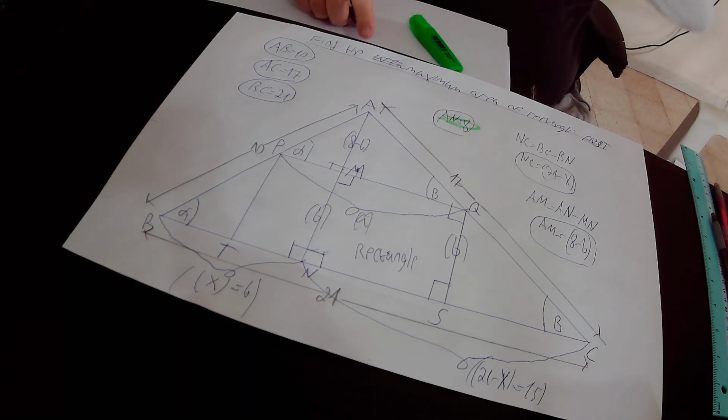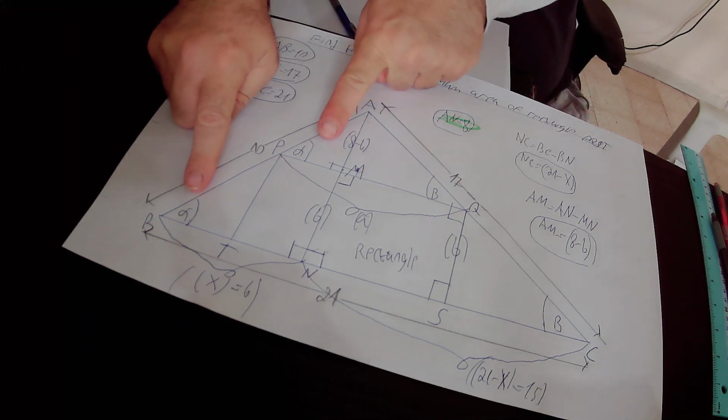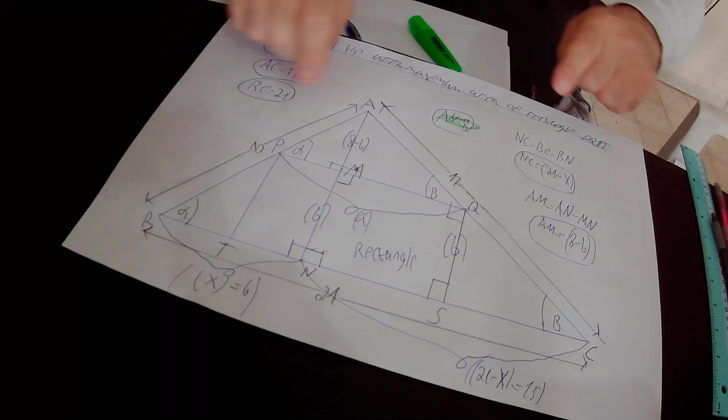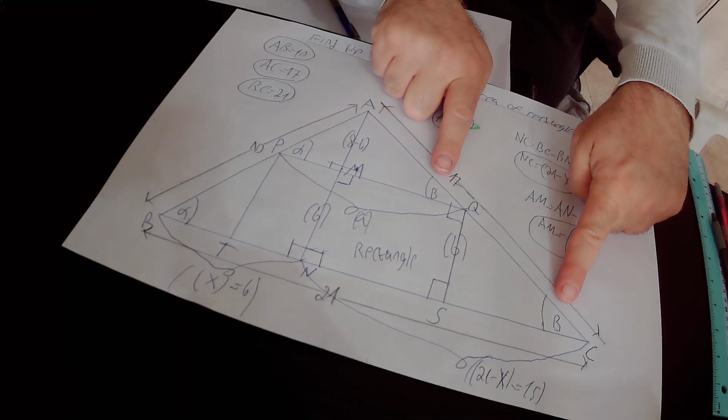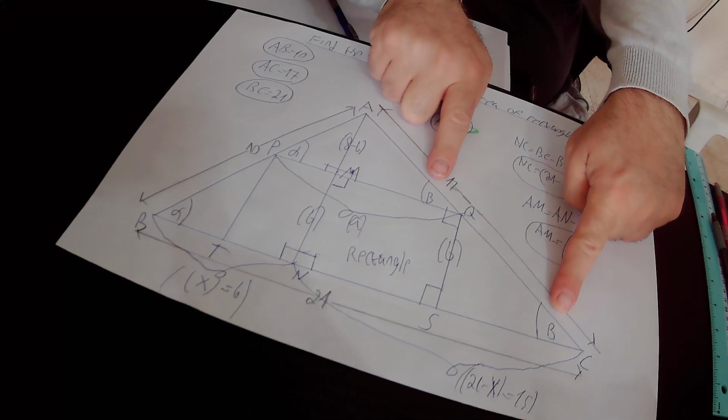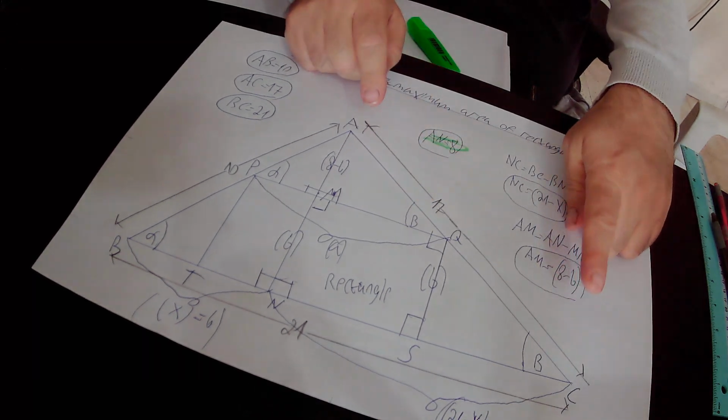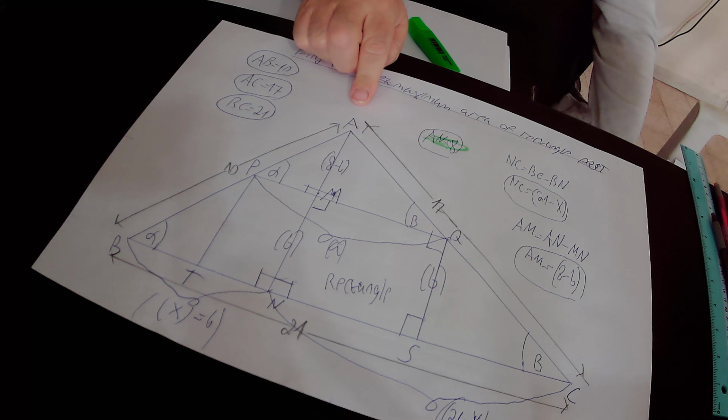This small triangle is not a right triangle. First of all, those two angles are both equal to alpha. In addition, those two angles are both equal to beta. And finally, this is angle A. It is a common angle, it belongs to both triangles, so I can write down that angle A equals itself.